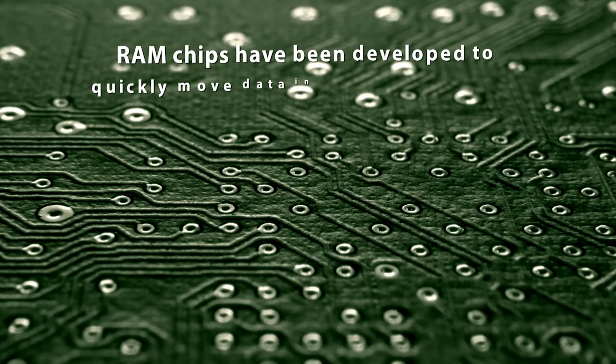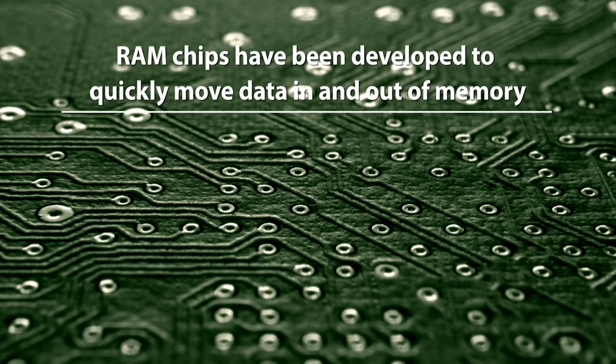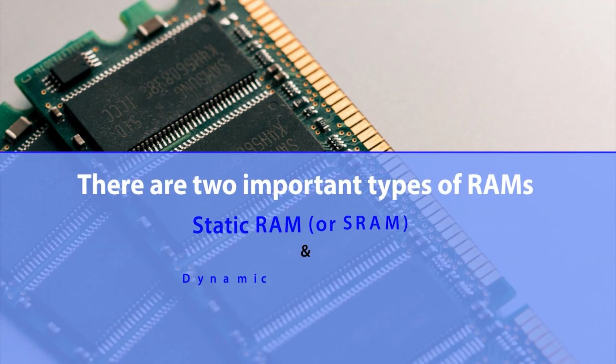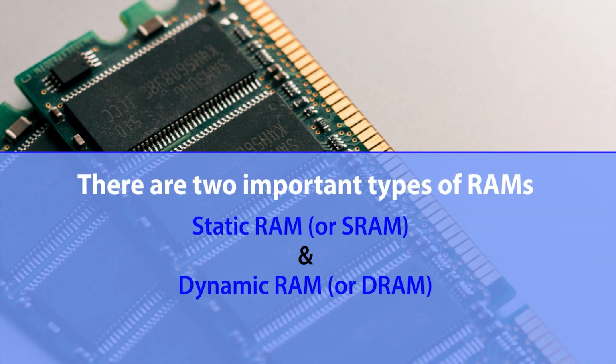Now, the second aspect is that we can use these RAM chips to move our data quickly in and out of the memory for processing by the CPU. There are two important types of RAM. One is SRAM, that is static RAM, and the other one is dynamic RAM or DRAM.